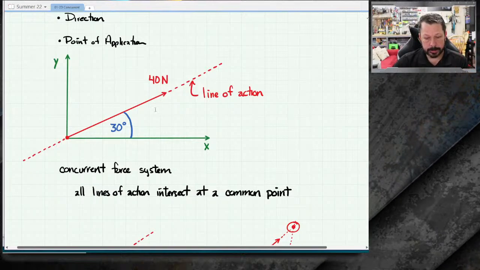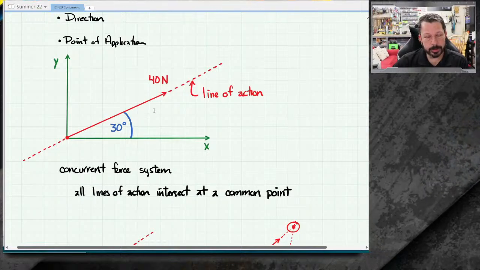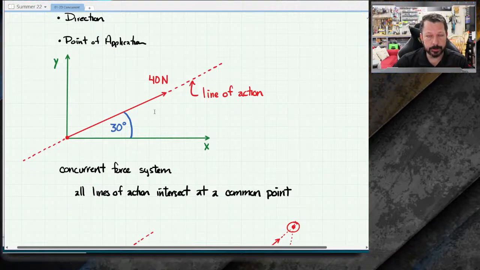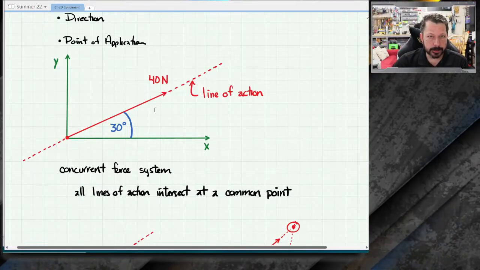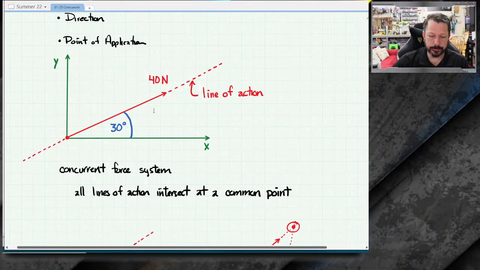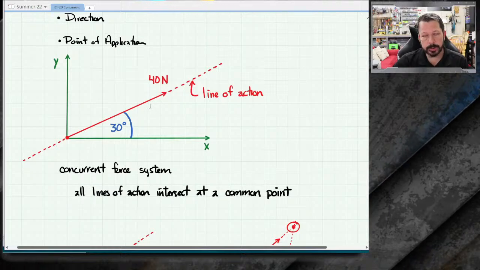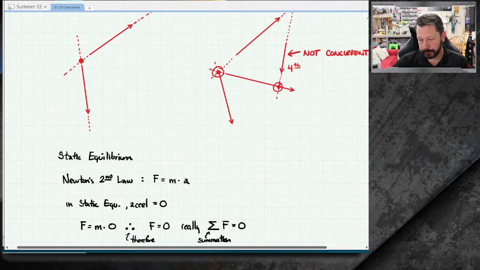We are going to, in this course, pretty much exclusively, I can't think of when we wouldn't do this, use rectangular coordinates. So the x coordinate, or not coordinate, components. The x component of this force, this 40 Newton force, or the y component, or the z component. So we're going to do x, y, and z components of forces.